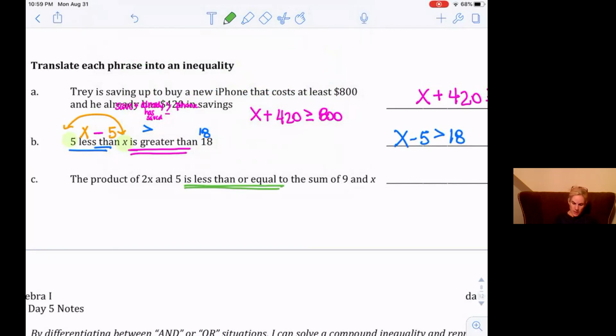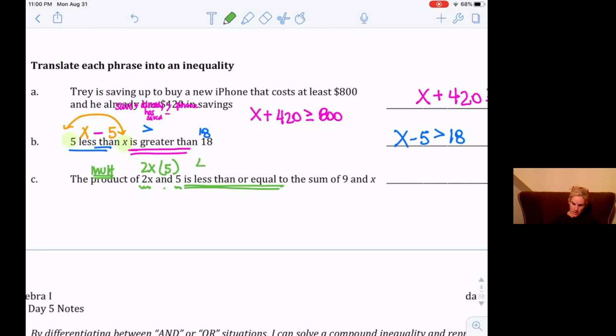Product means multiplication, so I should be multiplying 2x and 5. What would that look like? 2x, parentheses, 5. That shows that I'm multiplying those two. And then I want that to be less than or equal to. Less than, think of a capital L, squeeze it in a little bit, and you've got your less than symbol.